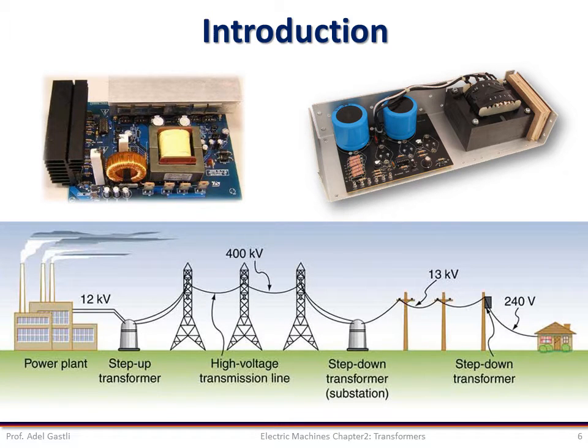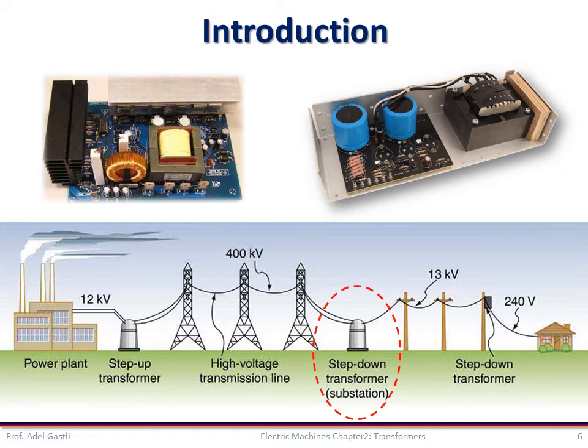Transformers are also used in the power system at different levels. These transformers are much bigger. For instance, they are used to step up the voltage at the output of the power plant to boost it to a very high level of a few hundred kV for the high voltage transmission of electrical energy.